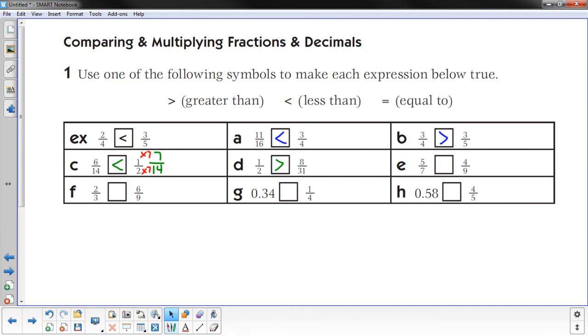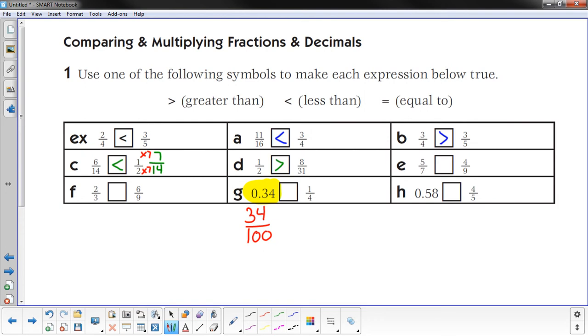Do one more here. Let's do one of these decimal ones down below, like G. So let's look at G and then we'll move on. This one. We'll have a decimal. I have 34 hundredths. Remember, 34 hundredths, you could rewrite that as a fraction. It's the same thing.